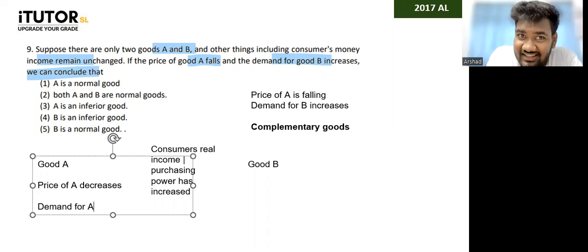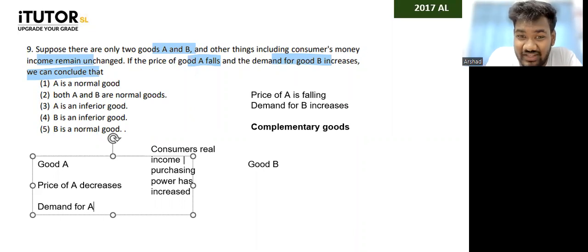The demand for good A? For those who are saying increase, where have they said that it has increased? For those who are saying decrease, where have they said it has decreased? Nowhere in the question they have said what is happening to the demand for good A, right?